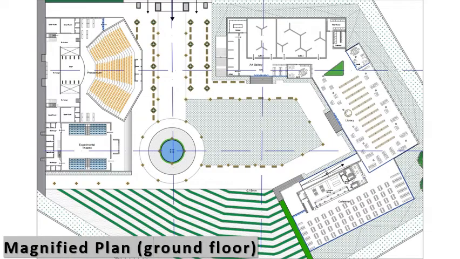In this magnified plan, one can see how the movement of people is happening. When one enters the proscenium, there is a waiting area. One can wait there, then access the main seating area. There is no direct access to the stage, but I have given a separate entrance, which is a backstage entrance for people to go backstage.